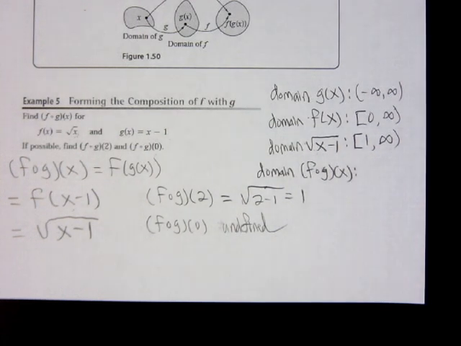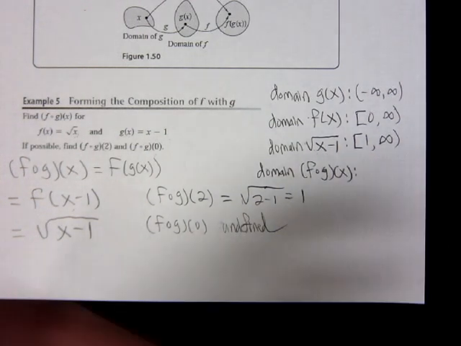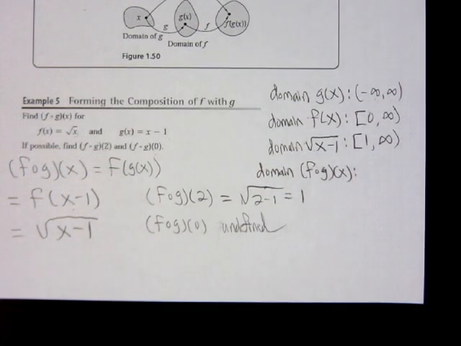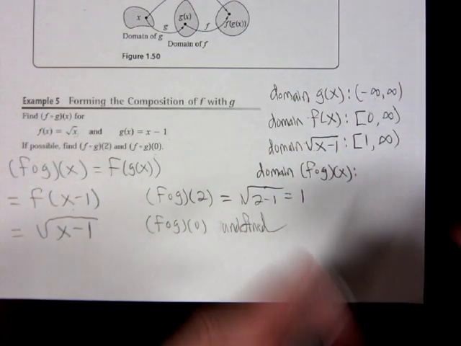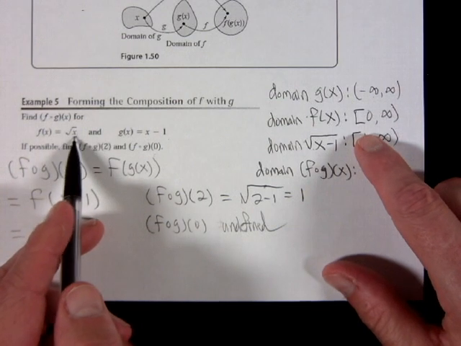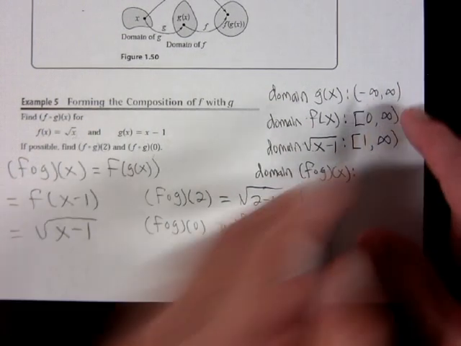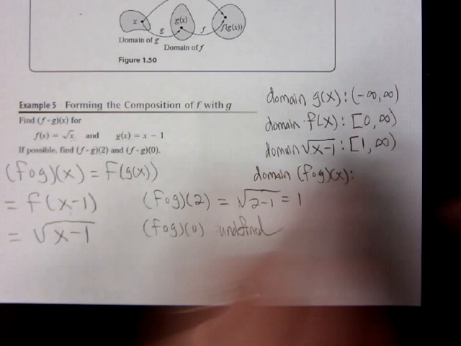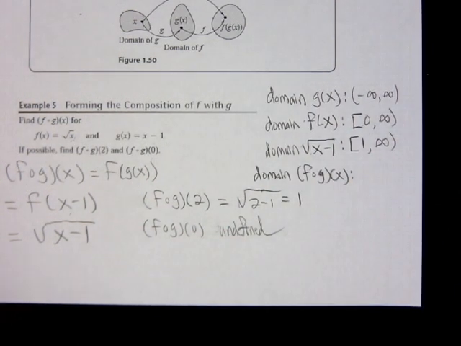What can I plug in for g? Anything, so there are no restrictions there. When I plug into f, I've got to make sure that it is positive. So anything from g that would make that negative is now eliminated. Keep that in mind.